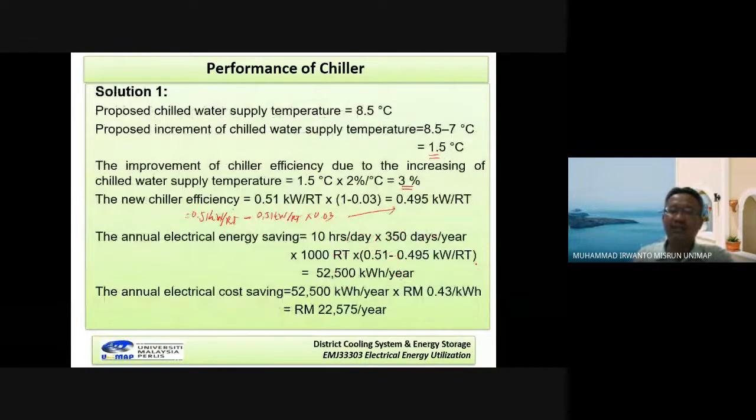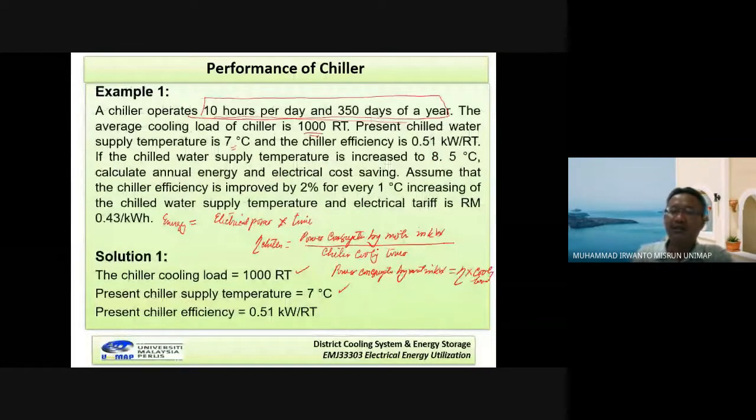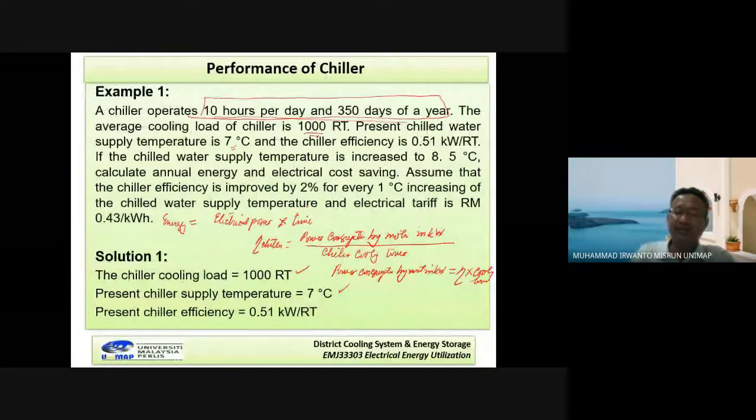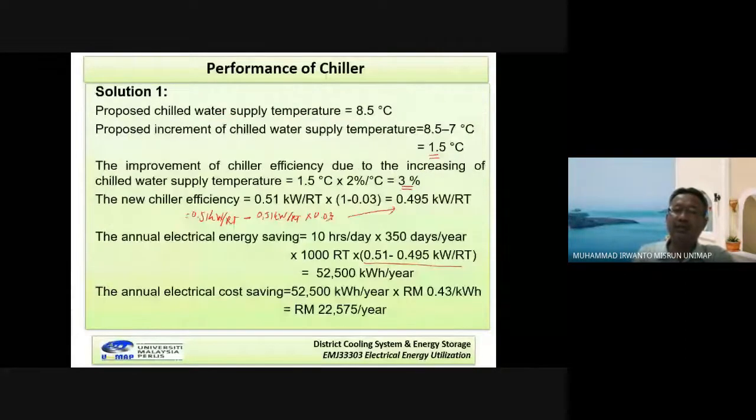Here this is the efficiency for 7 degrees Celsius and this is the efficiency for 8.5 degrees Celsius, multiplied by the cooling load of 1000 RT, and then multiplied by time, which is for 1 year: 10 hours per day multiplied by 350 days per year.